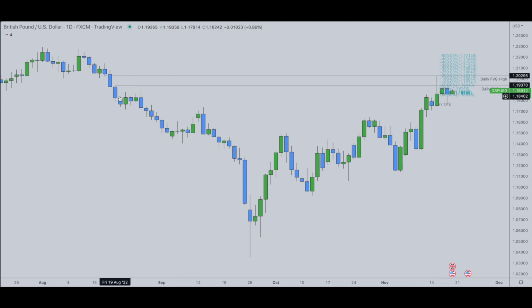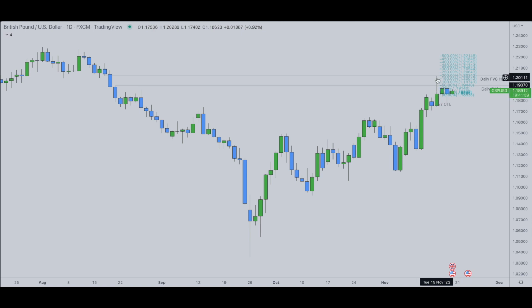We had resting buy side liquidity here. This candle's high, this candle's low. This is our imbalance, our fair value gap. We are expecting price to trade up into that. Our supporting DXY supports our idea for a bullish British pound US dollar scenario.